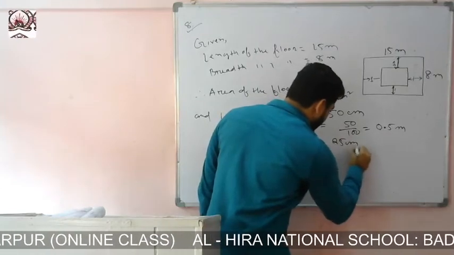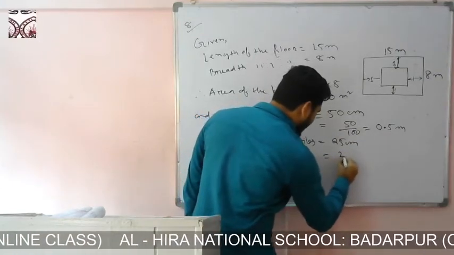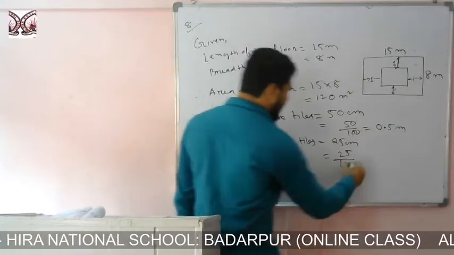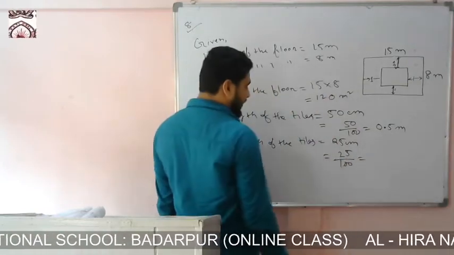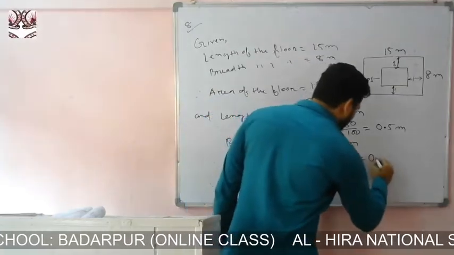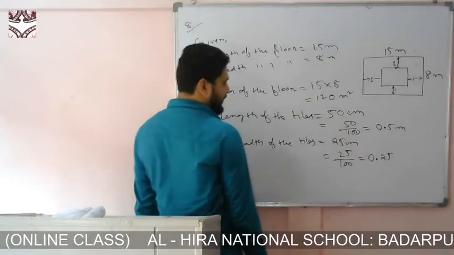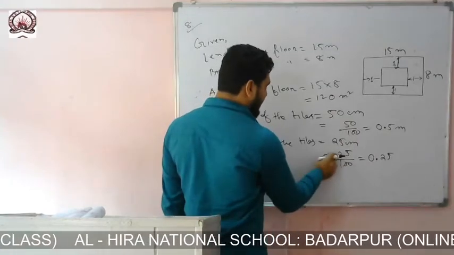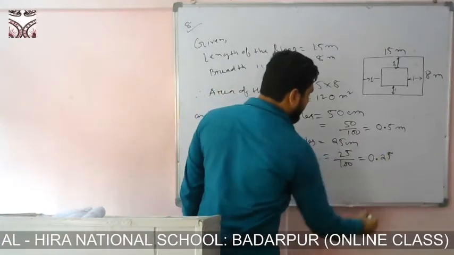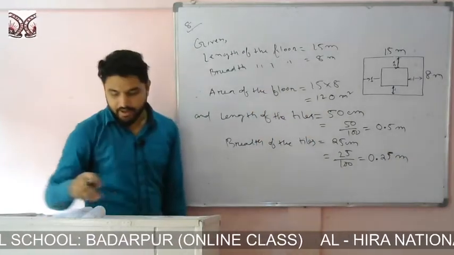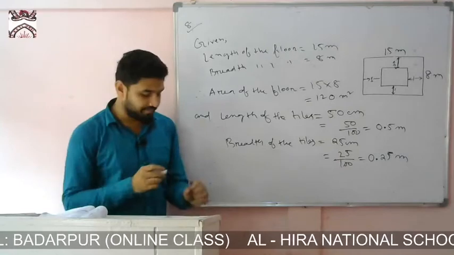So if you convert 25 into meter, divide by 100. Then it will come 0.25. The point will be shifted 2 places. So 0.25 meter.